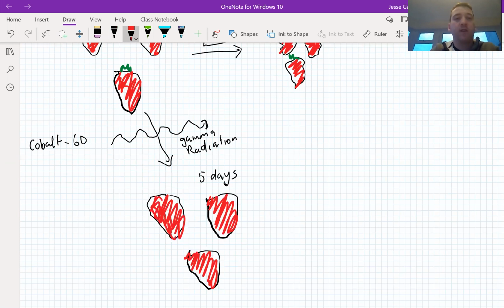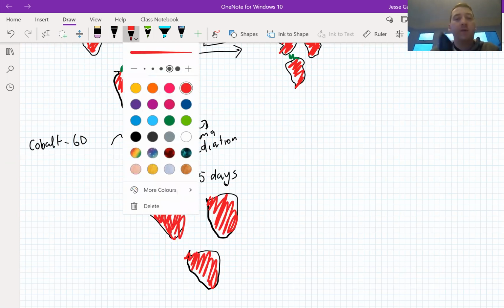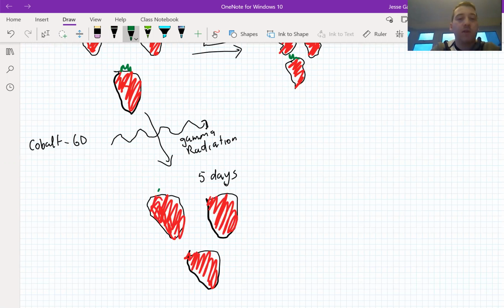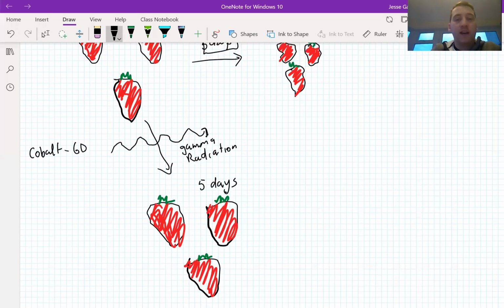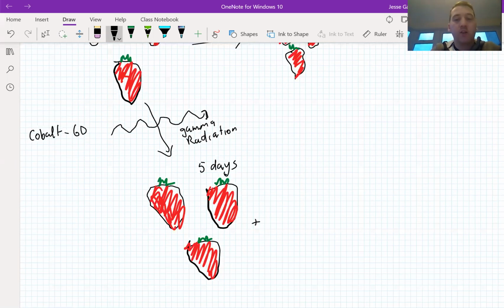So we say we've given them a longer shelf life. What's happened is we've added gamma radiation, and the key thing the gamma radiation has done is it's killed the bacteria.